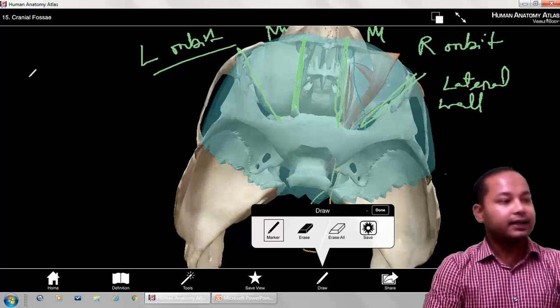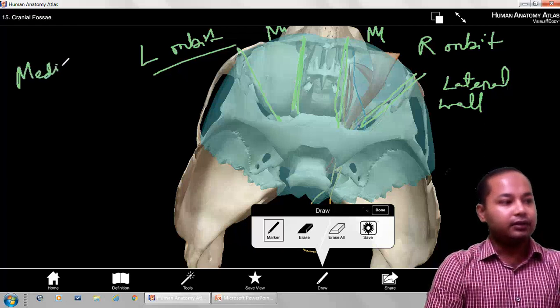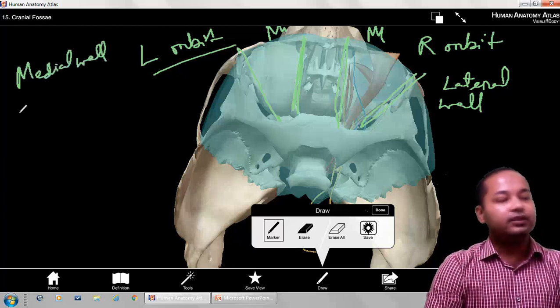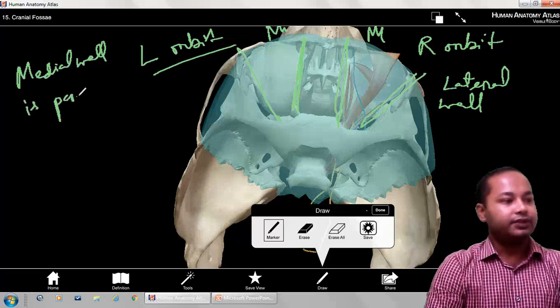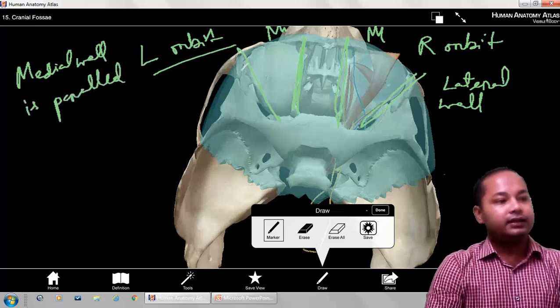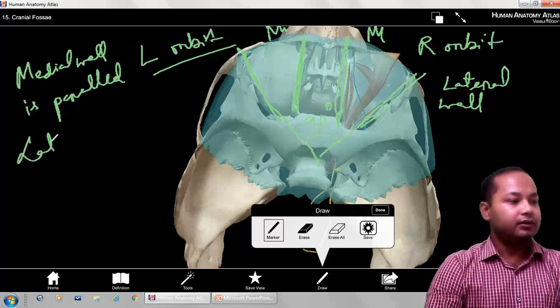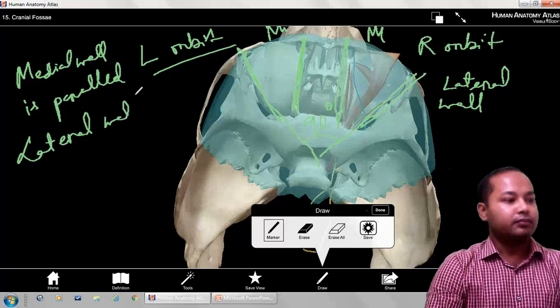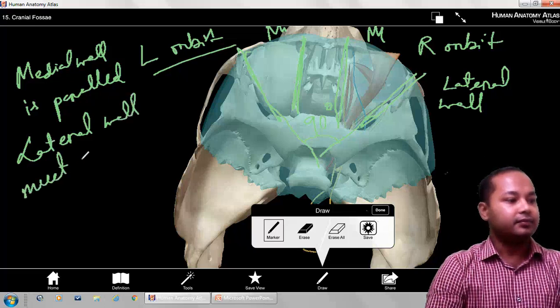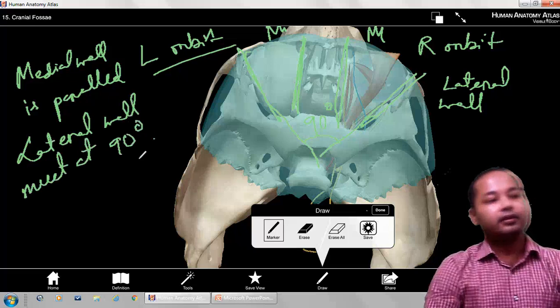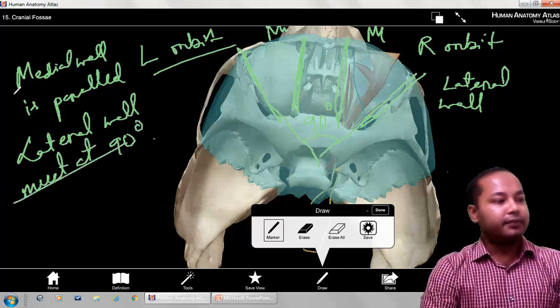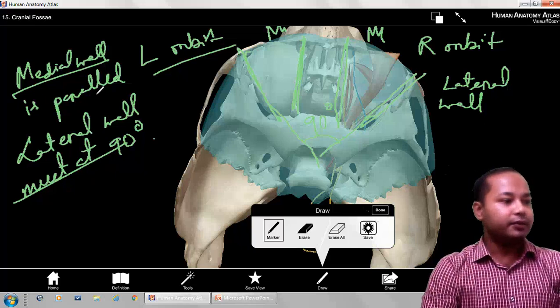The medial walls of both sides are parallel to each other, at a distance of about 2.5 cm.